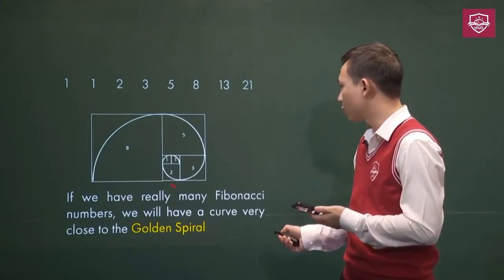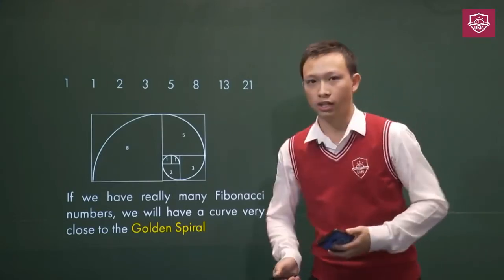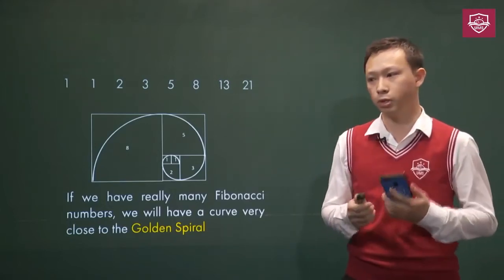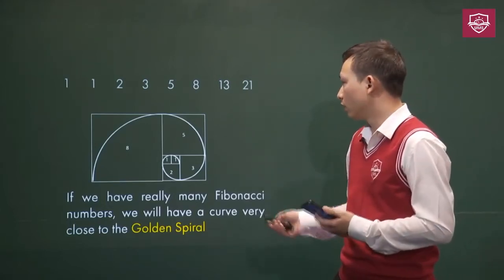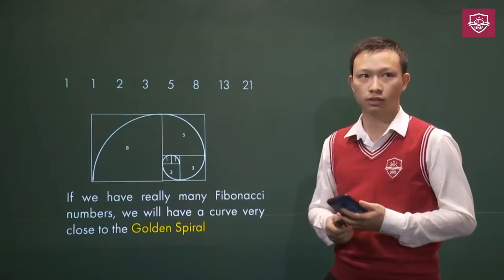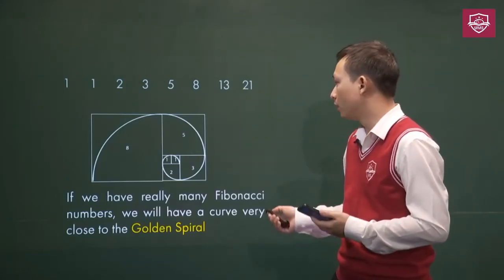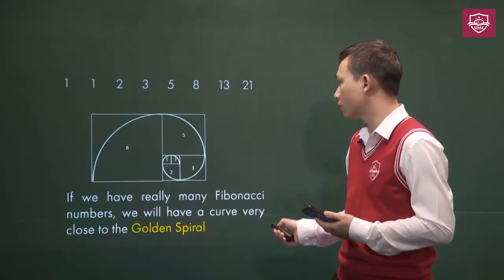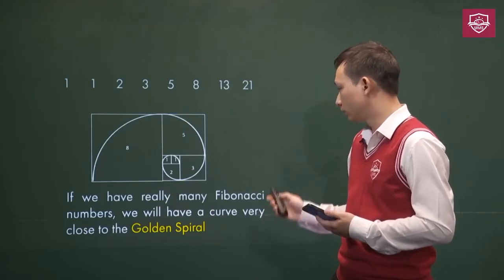This shape is very popular because it is the fundamental of a lot of beauty in the world. A lot of architecture, a lot of design take the inspiration from this golden spiral.